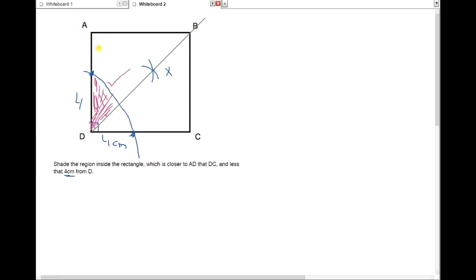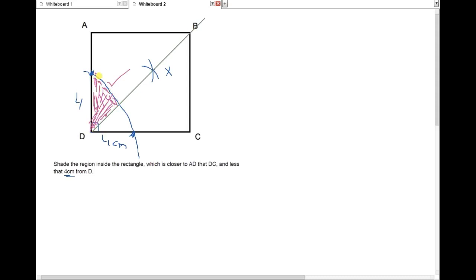Are you getting it? That's why you are not going to pick up these points which are lying on this blue arc, because they are exactly 4 centimeter away from your D. So this is the contradiction. We have to select only those points which are less than 4 centimeter from your D, so the points should be below this arc.